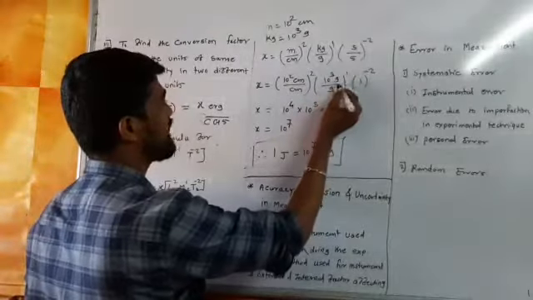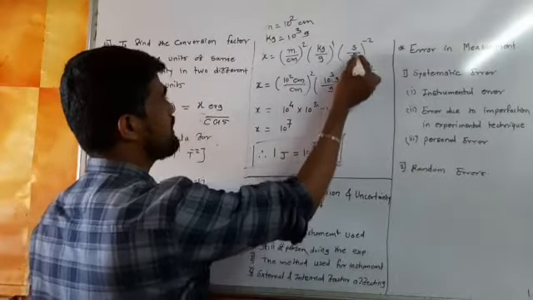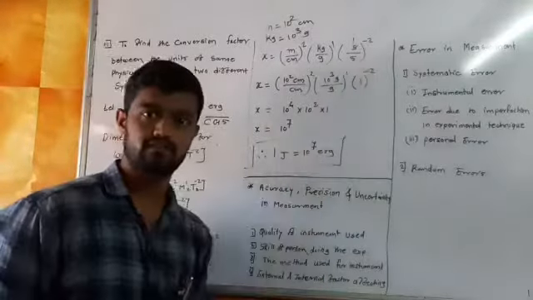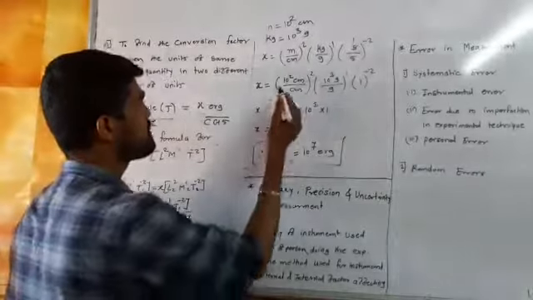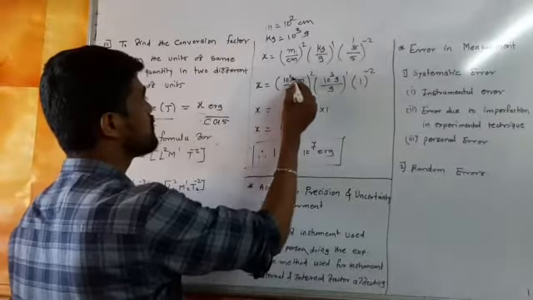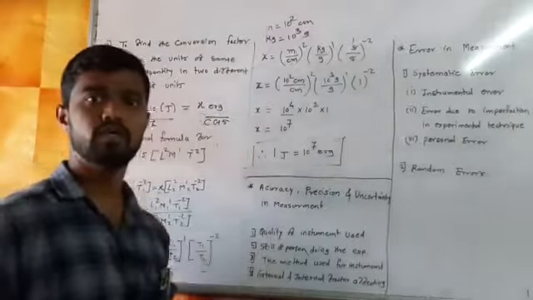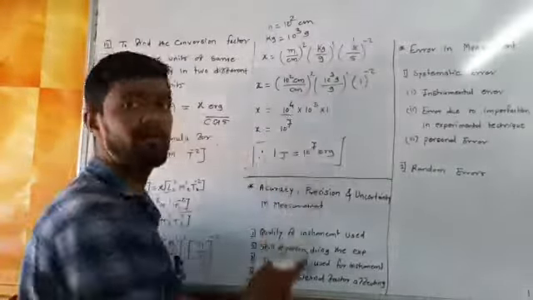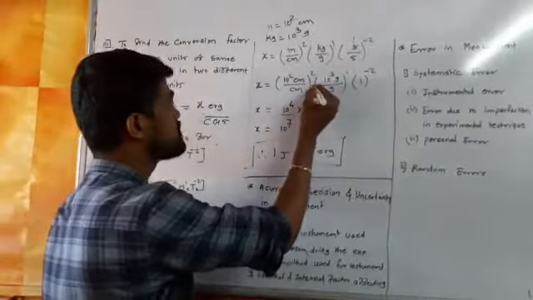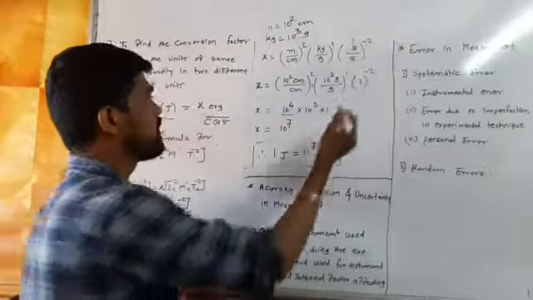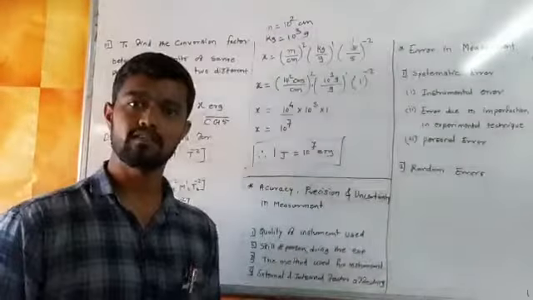So 10 raised to 3 for gram to gram is 1. The seconds cancel, so you get 1, and 1 to the power minus 2 is 1. Next, 10 raised to 2 to the power 2 gives 10 raised to 4. So I write 10^4 into 10^3, and 1 to the power minus 2 is 1.